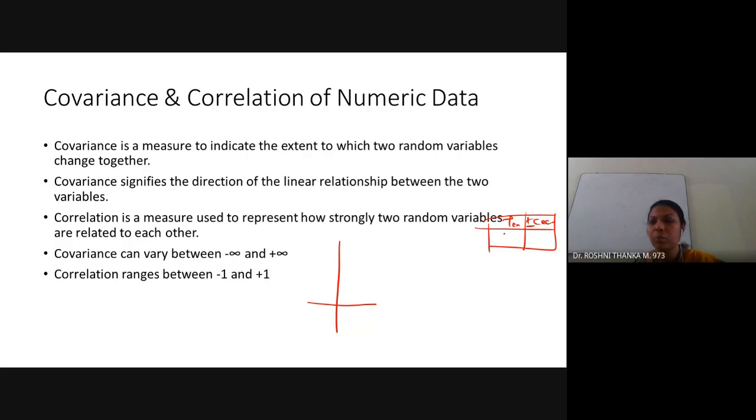When the temperature increases, say 20, then 30, 40, if the ice cream sales also increase, say 20, then 50, and 100, then as the temperature increases, the ice cream sales also increase, and the direction it goes is like this. So it is said to be a positive correlation.